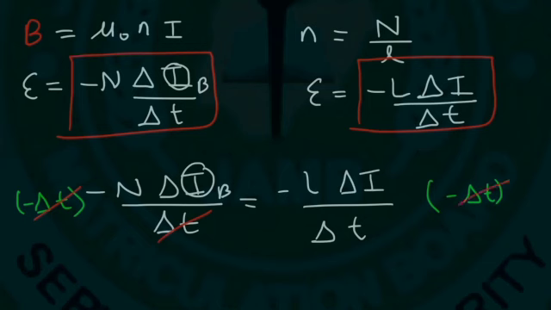So t will cancel, and also the negative signs will cancel. Now what we have left over is N times the change in magnetic flux, and that is equal to L times the change in the current. Our goal is to solve for the inductance of the inductor, or the solenoid.